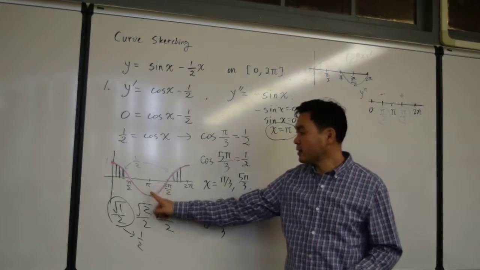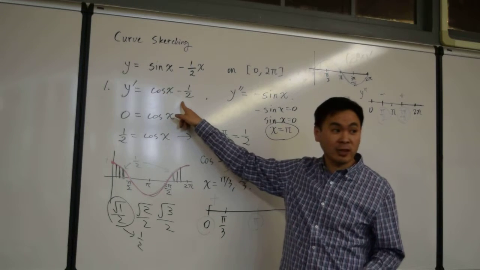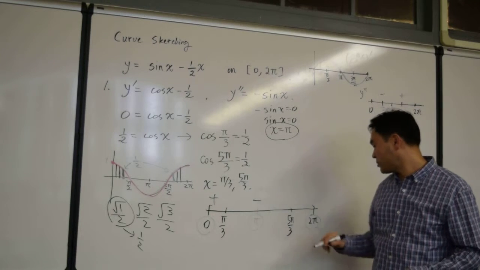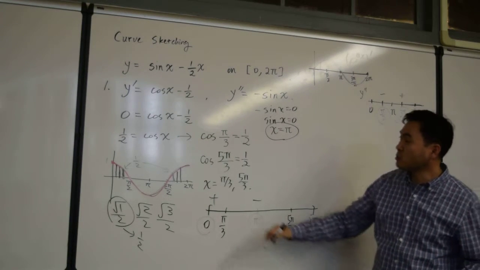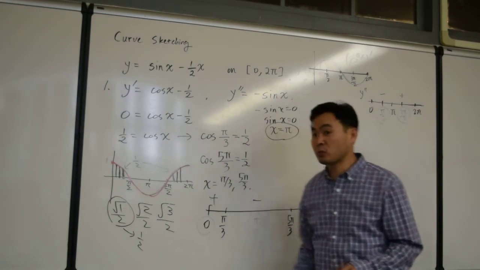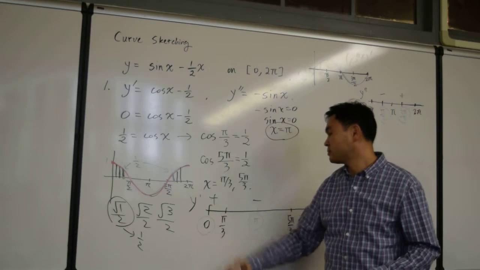What's cosine of pi, according to this graph? Negative 1. Negative 1 minus 1/2. Negative or positive? Negative. So it's positive here, negative here. And then when you plug in 2 pi, cosine 2 pi is again 1, the same value as before. 1 minus 1/2 is still positive. So that's what we know about y.